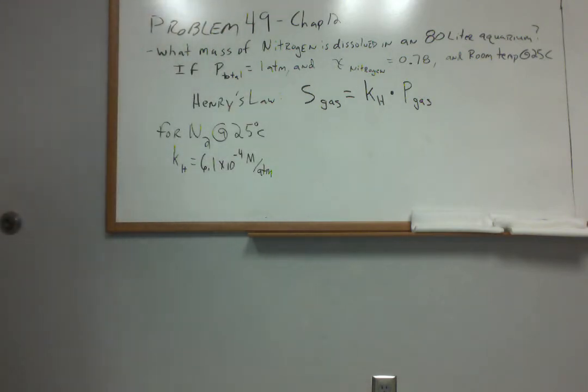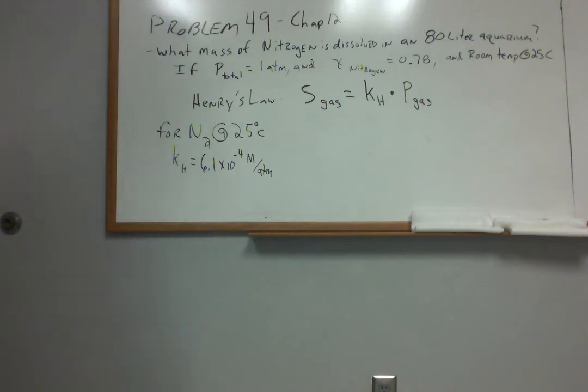Again, the Henry's Law value, Kh, depends upon the gas and depends upon the temperature. What that number does for us is it tells us how soluble this gas is per atmosphere of partial pressure above the solution that it's dissolved in. Okay, so this is specific for nitrogen and water at 25 degrees. If we change those conditions, the Kh also, of course, changes.